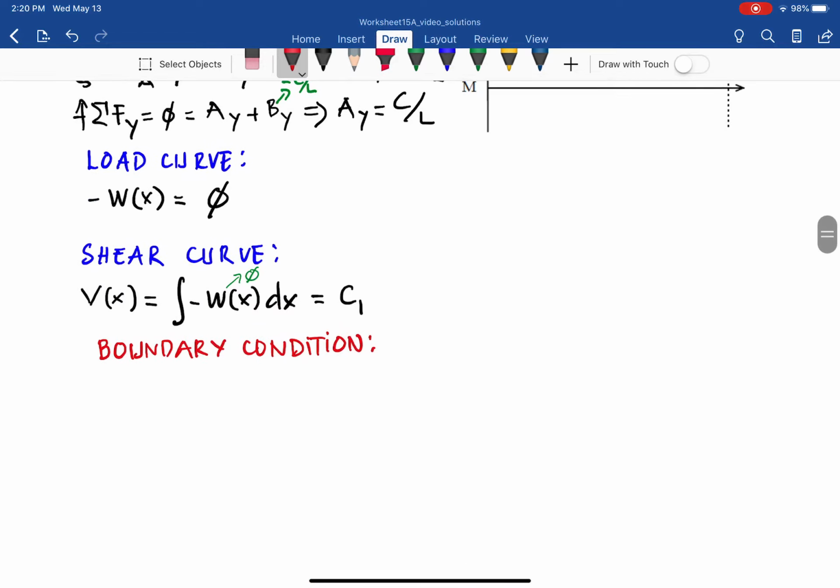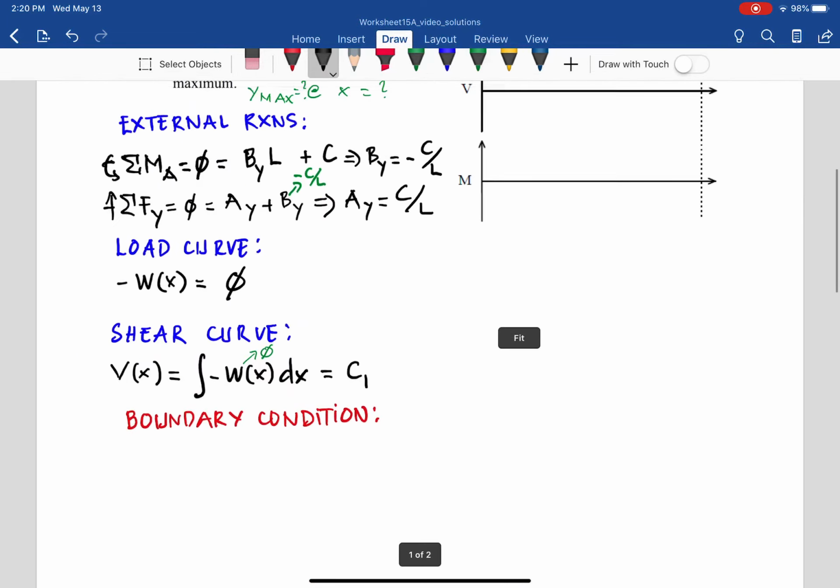So at x equals 0, which is where we start the beam at A.